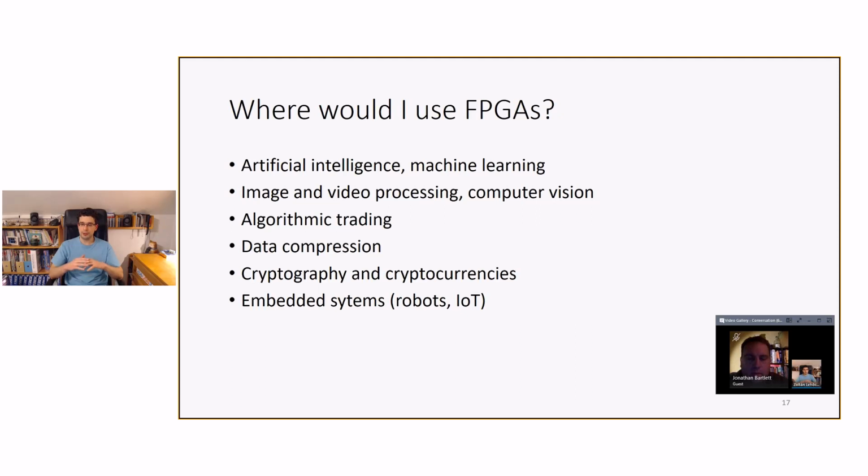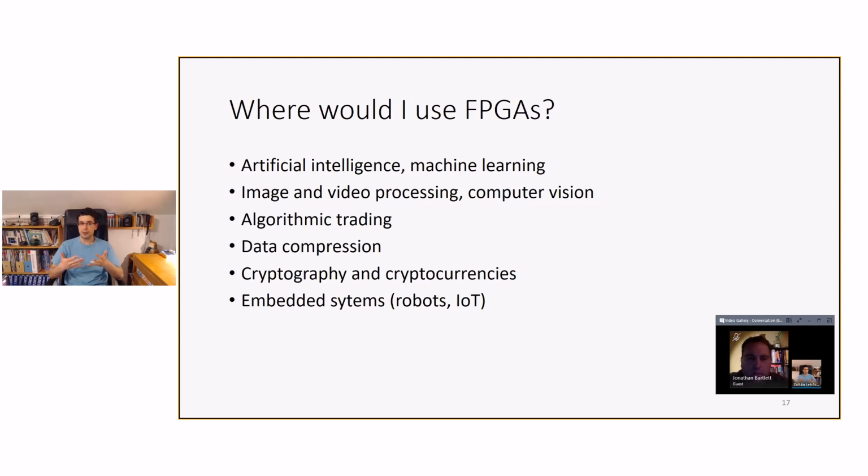Algorithmic trading on stock exchanges, or better, high-frequency trading, is something where FPGAs are widely used, because there you need sub-microsecond latency, and FPGAs sitting on a network can supply that.